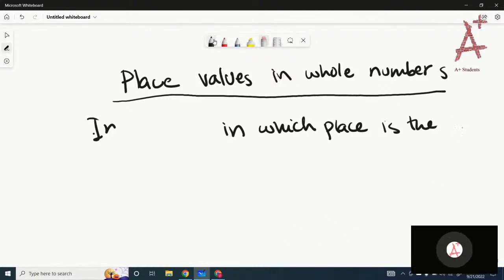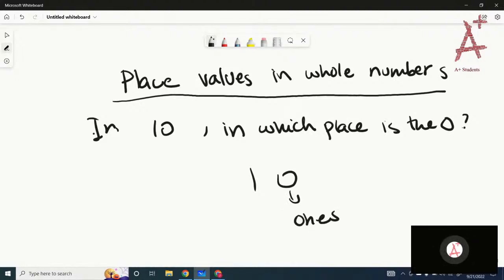Okay, the next one is in 10, in which place is the 0? So you need to see the place value of the 0. The rightmost is always the ones digit, and this one is at the tens place. So which place is the 0? 0 is in the ones place. Got it?